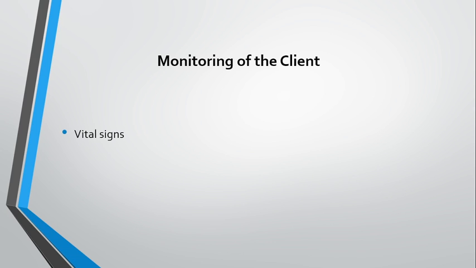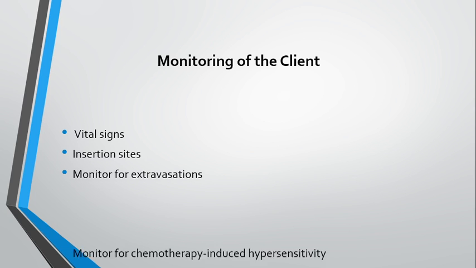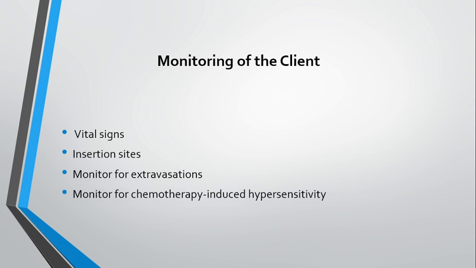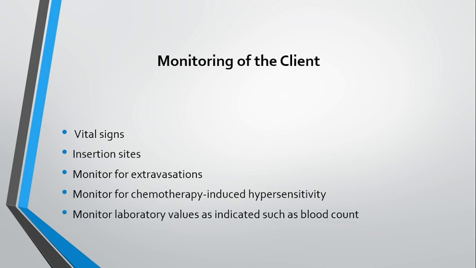So this is how a patient on cancer chemotherapy has to be monitored. You have to monitor the patient for vital signs and the insertion site for infiltration and extravasation. And sometimes some patients may develop chemotherapy induced hypersensitivity. So in that case you have to observe the patients for chemotherapy induced hypersensitivity.